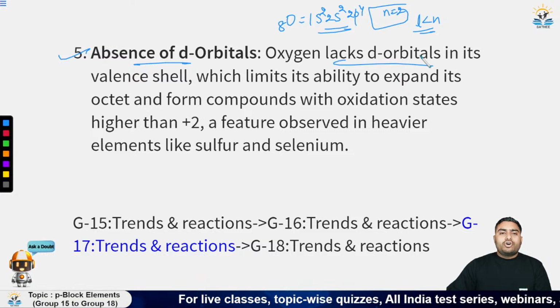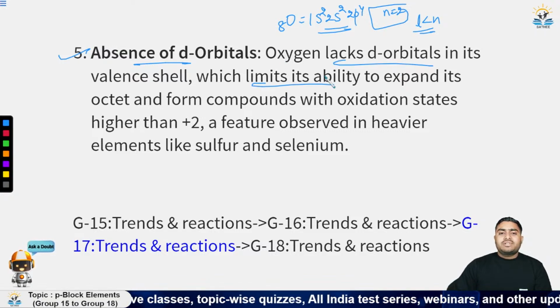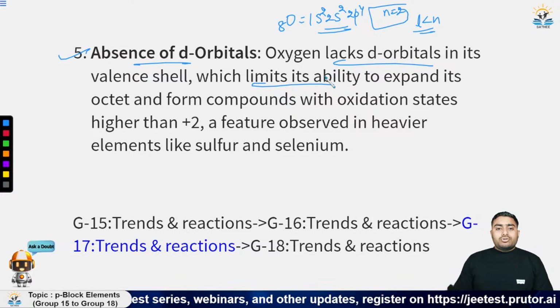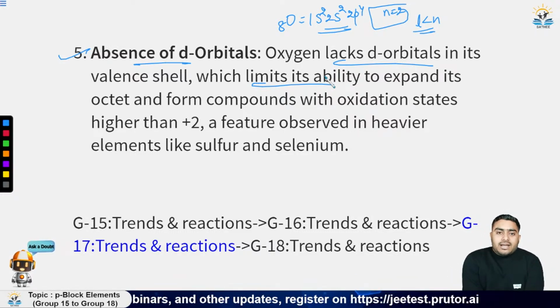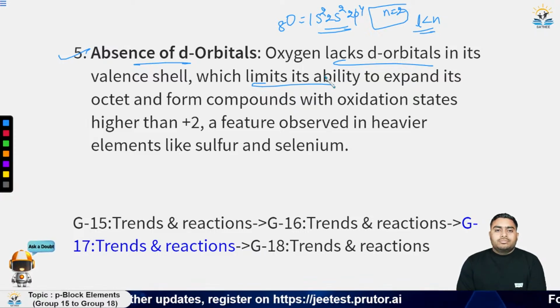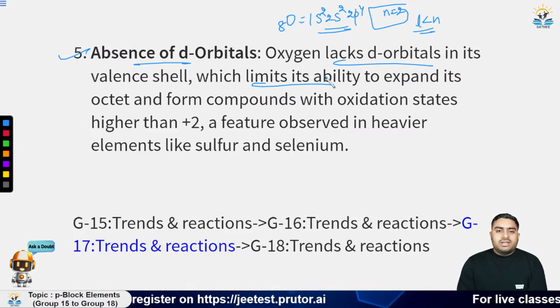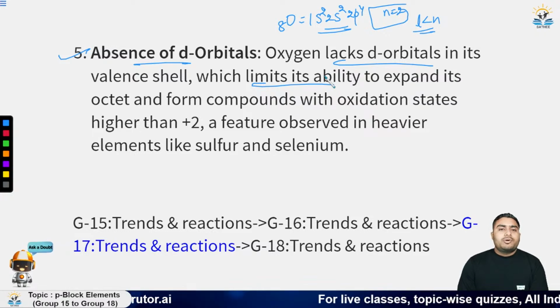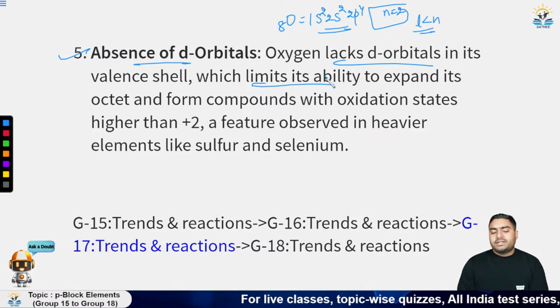So oxygen lacks d orbital in its valence shell, which limits its ability to expand its octet. So it cannot expand its octet and form compounds with oxidation state higher than +2, a feature observed in heavier elements like sulfur and selenium. So that's all about the absence of d orbital.